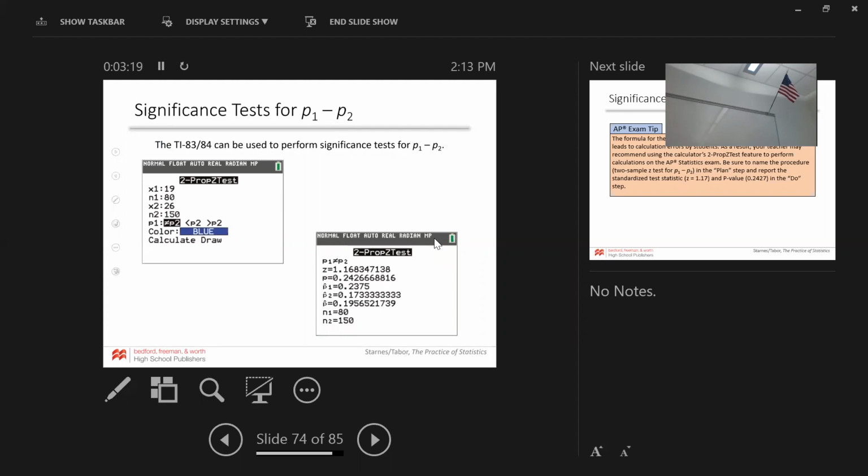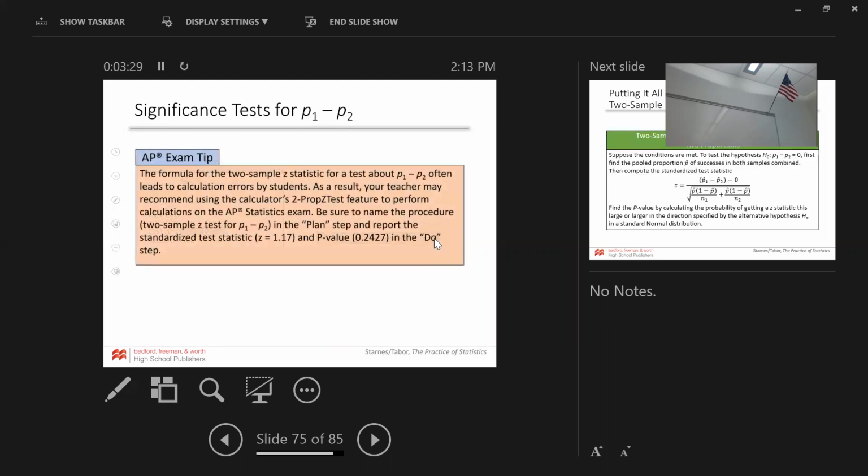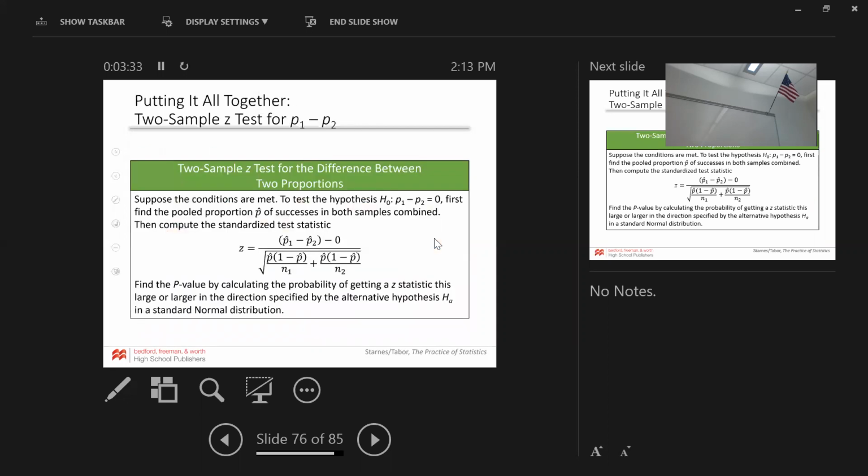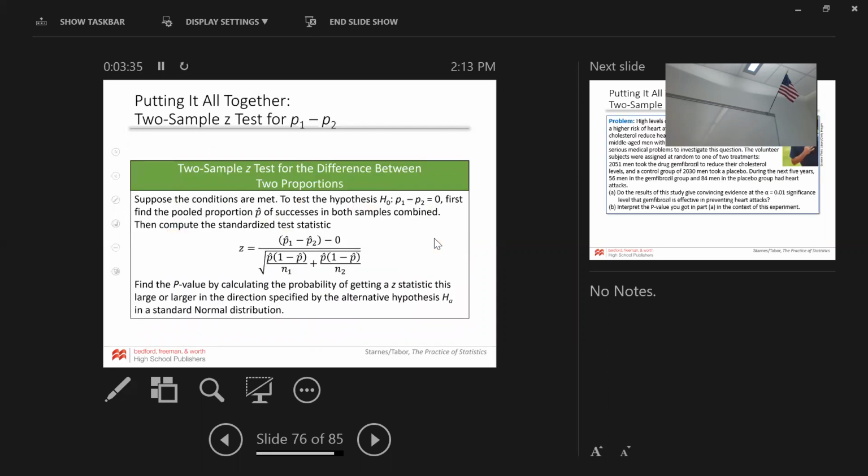Compare the p-value to the alpha level. But I just think it's easier to see it in the context of the curve. I'm not worried about this. Okay. There's your z-score.